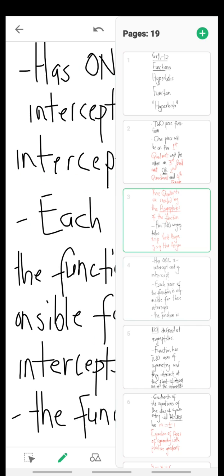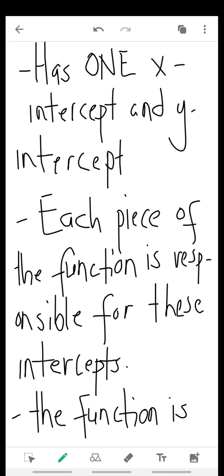Now, a hyperbola will have one x-intercept, very important, and will also have one y-intercept. So there will be a single x-intercept and a single y-intercept.